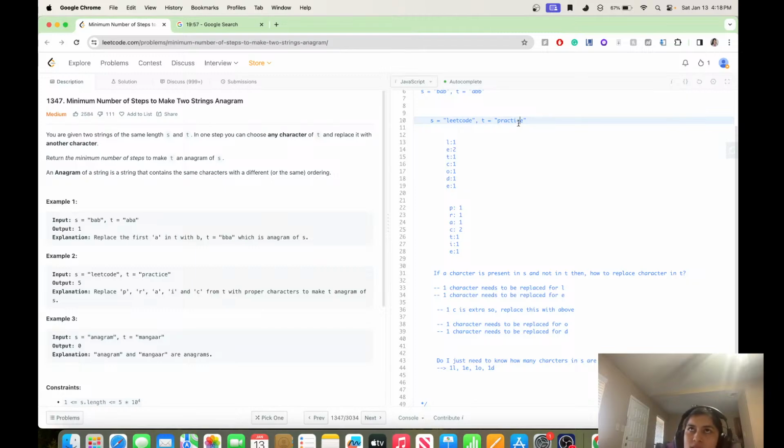Suppose in S there is ABC, and in T there is ABCDEF. Then since ABC is not here, I need to replace those characters, right? I need to add all those characters.